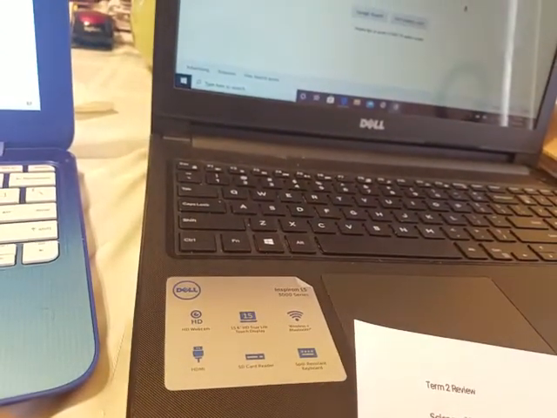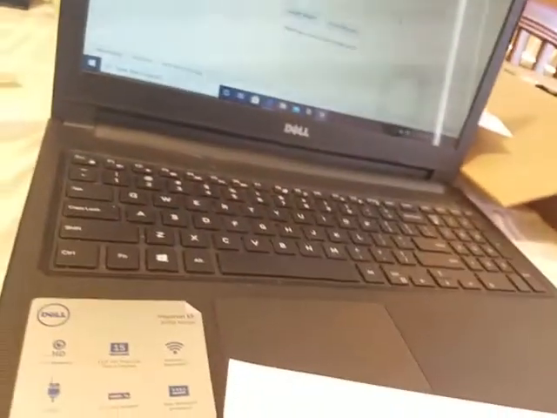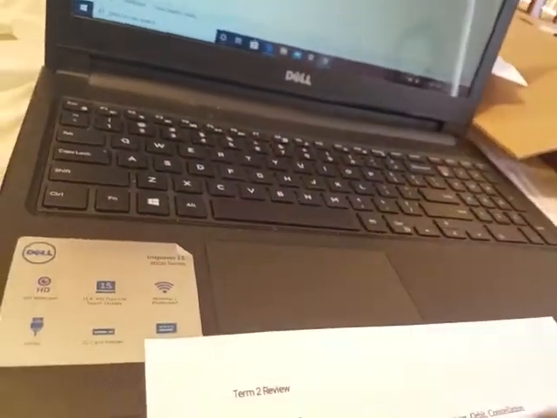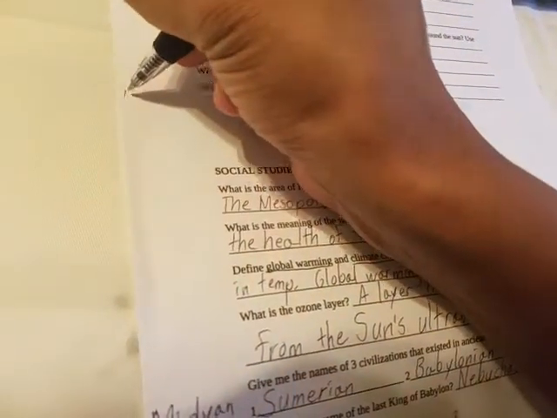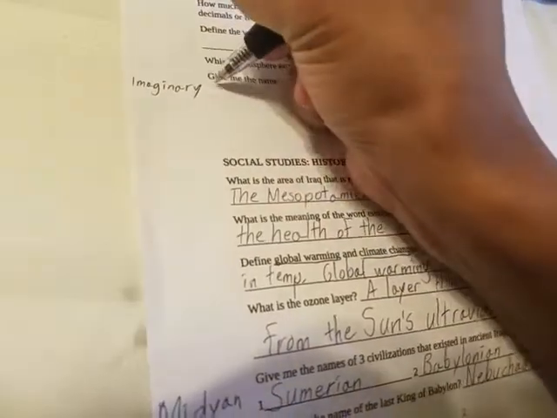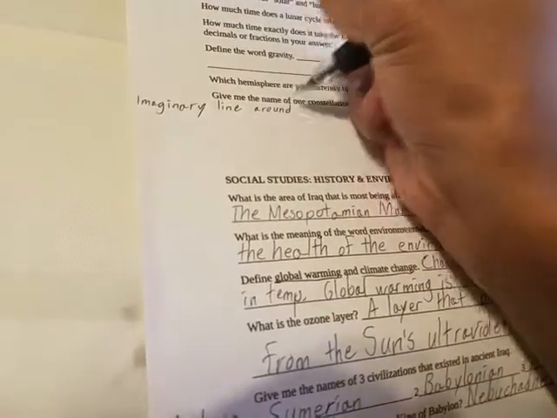So the definition of axis is the imaginary line around which the Earth rotates. Okay? So that is the definition for axis.